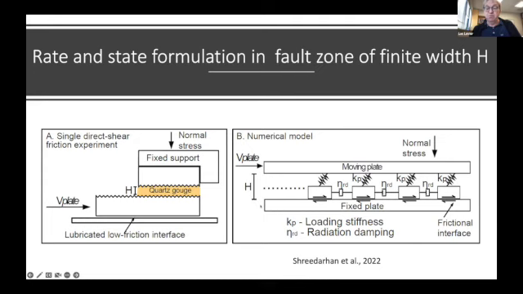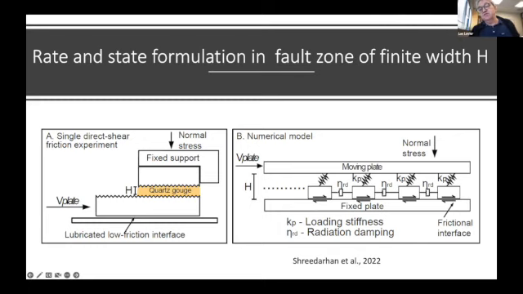There is normal stress applied to the model as well, and there's a fixed plate at the bottom, and what it is basically, the moving plate is dragging multiple small frictional interfaces linked by a viscous damper, a dampening system here.